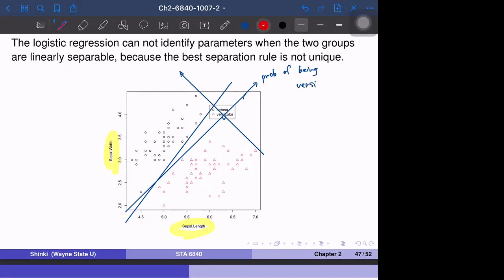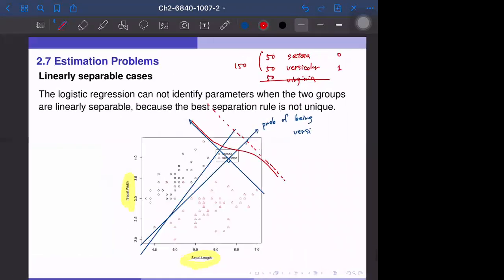Then the fitted curve will be like this. So if we don't have a unique line which separates these 2 groups, then we cannot uniquely determine the logistic regression parameters.